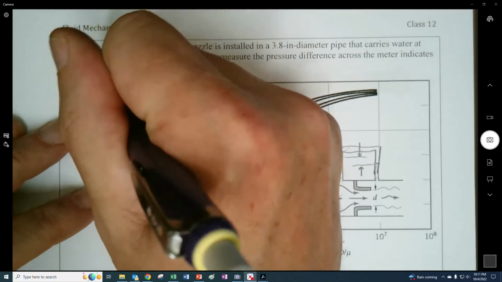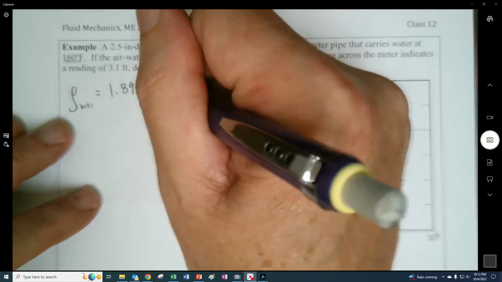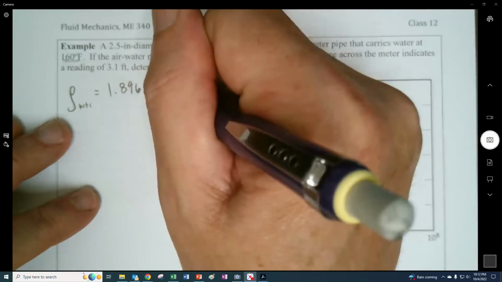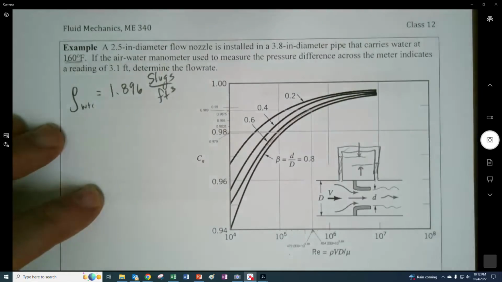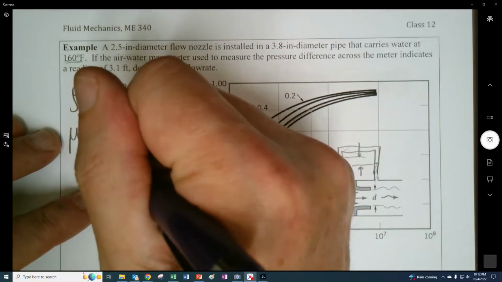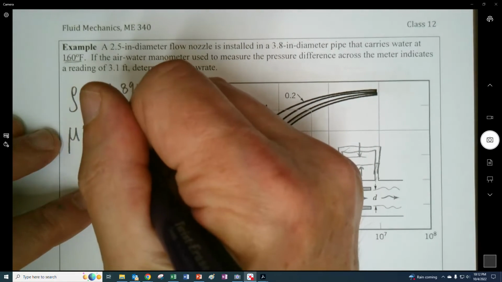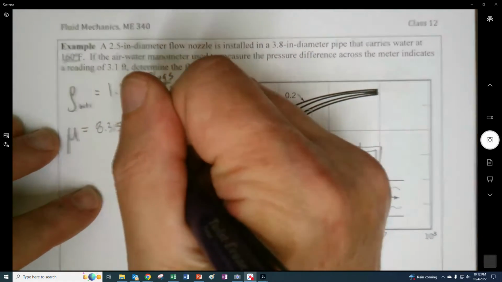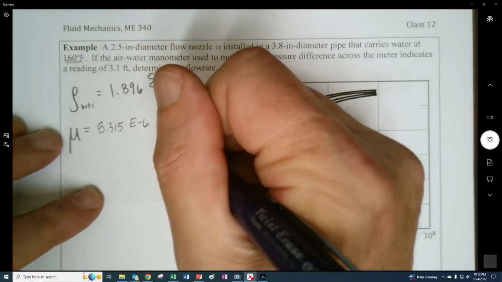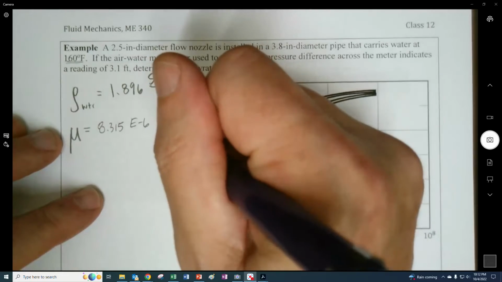We'll find that the water density is 1.896, and we're using slugs instead of pounds mass here. I can also find my dynamic viscosity is going to be 8.315 E minus 6. Once again, I'm using a system of units from Munson.